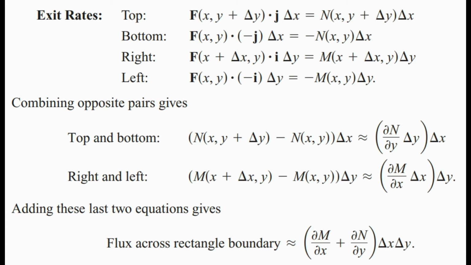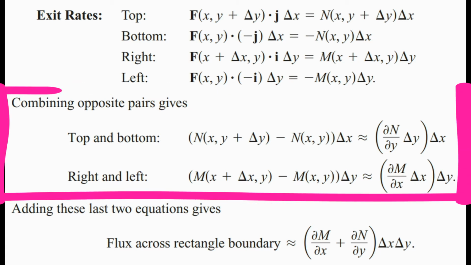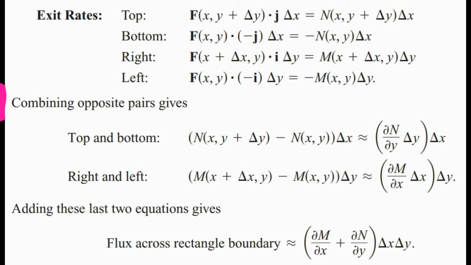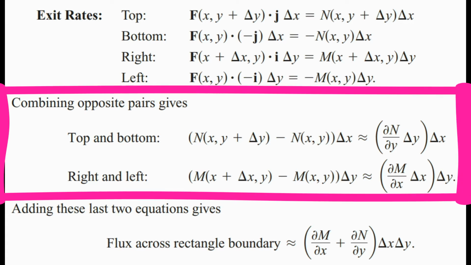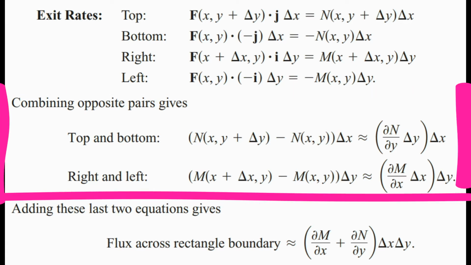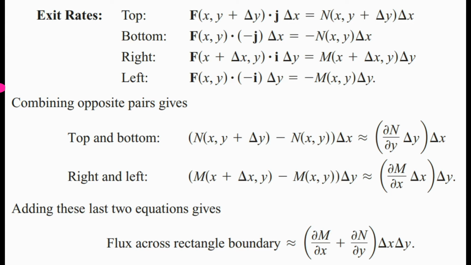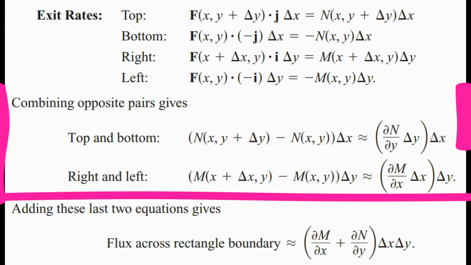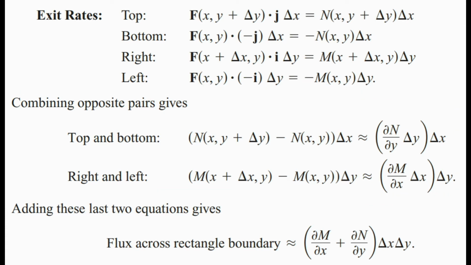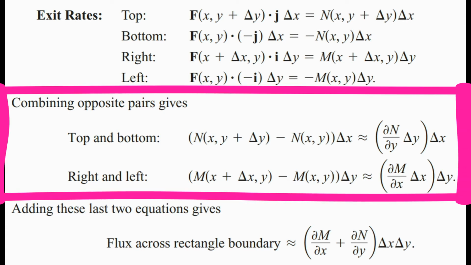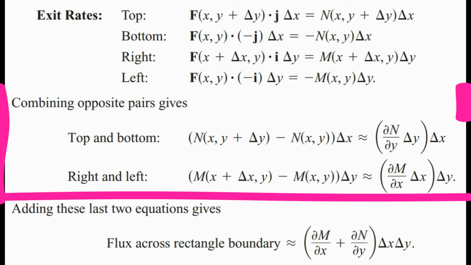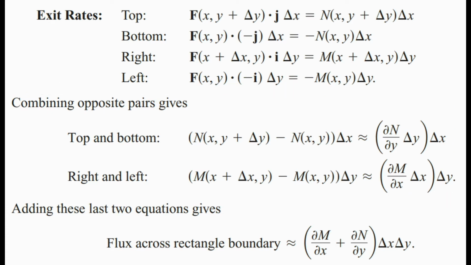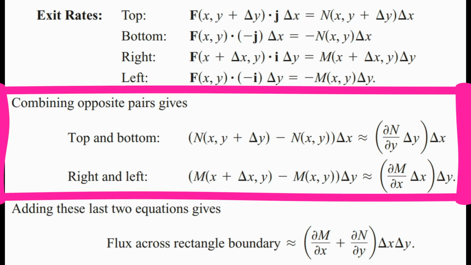Here we have used the fact that N(x, y plus delta y) minus N(x,y) is approximately equal to the partial derivative of N with respect to y times delta y. See, the partial derivative of N with respect to y is the limit as delta y approaches 0 of N(x, y plus delta y) minus N(x,y), all divided by delta y.